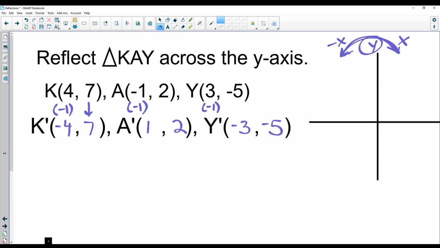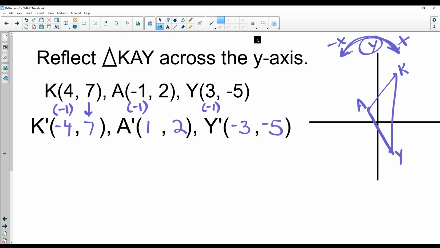Let's take a quick look at what that looks like if we graphed it. So I'm just going to sketch it here. Point K might be somewhere right there at 4, 7. And -1, 2 might be right there. And then 3, -5 might be somewhere there. So just a little sketch of this triangle.